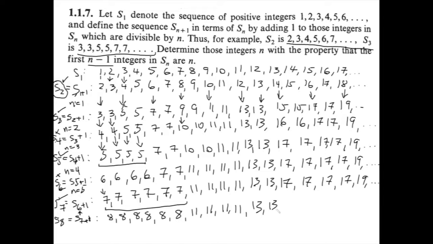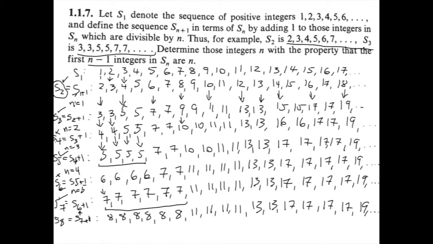Same with 13, not divisible by 7. Same with 17. Interesting. So S8, the question would be, are the first 7 integers in the sequence an 8? And you'll see that only the first 6 are.